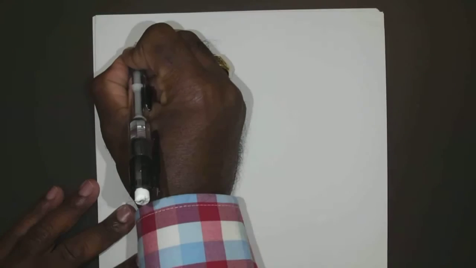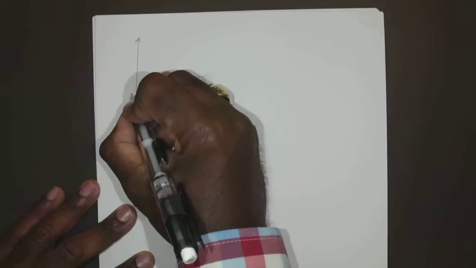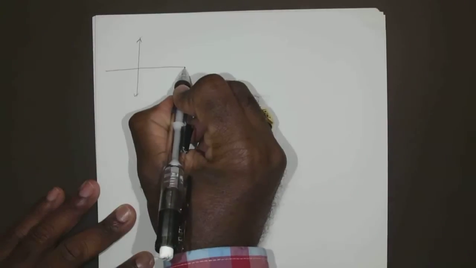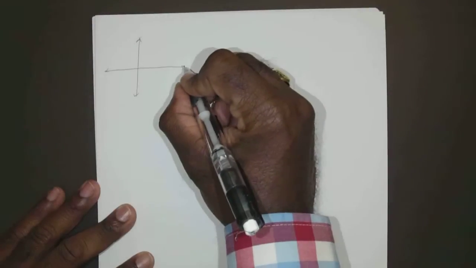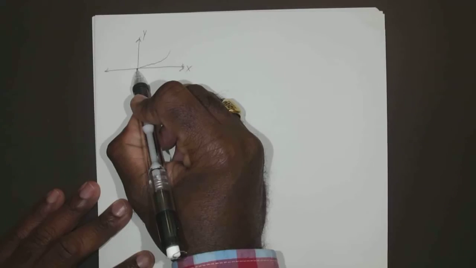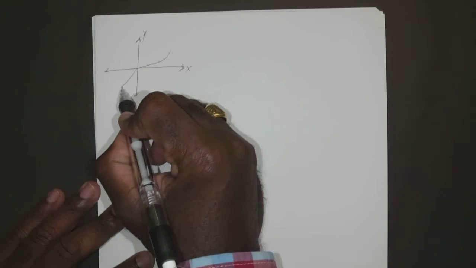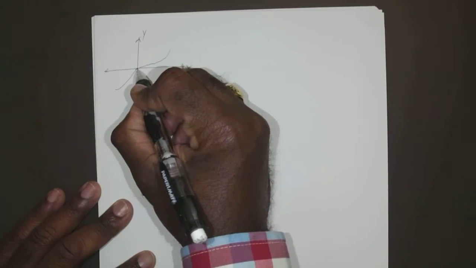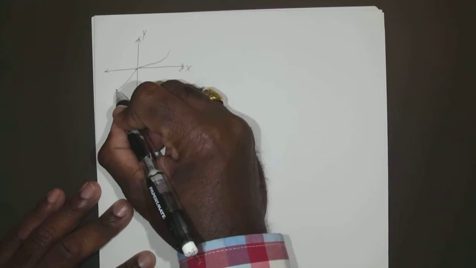Okay, so let's say we have our x and our y axis, and let's say you have a graph that looks, well, that should have gone a little smoother.